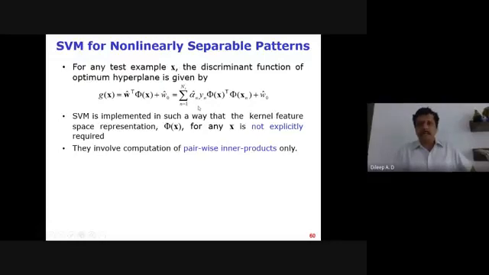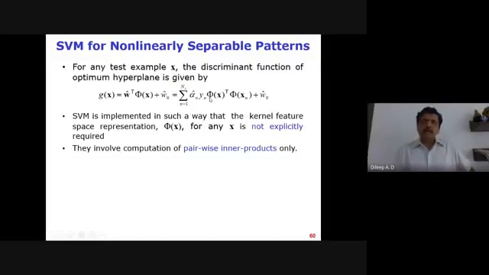That is important. In order to do this, we require this inner product operation to be performed. Everything is revolving around these pairwise inner product operations.